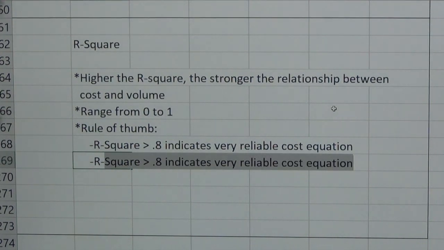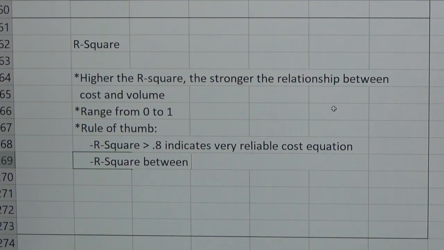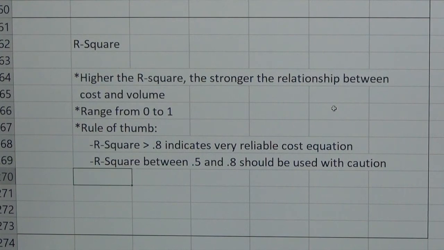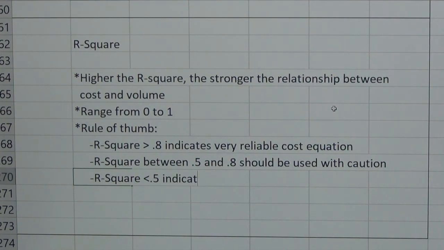R square between 0.5 and 0.8 should be used with caution. And R square less than 0.5 indicates the equation is not reliable.